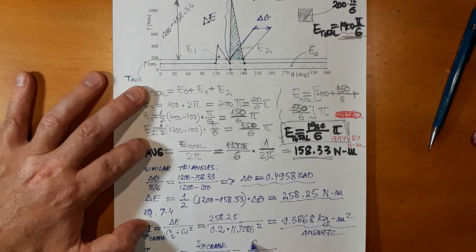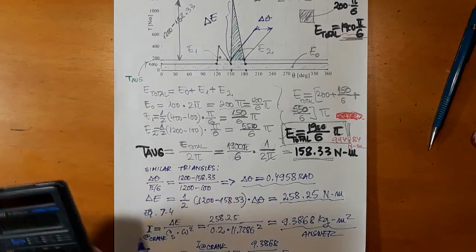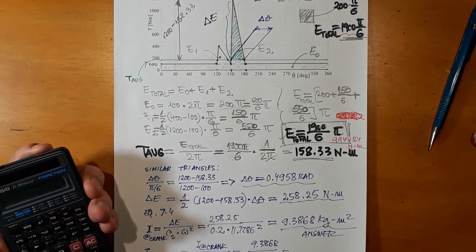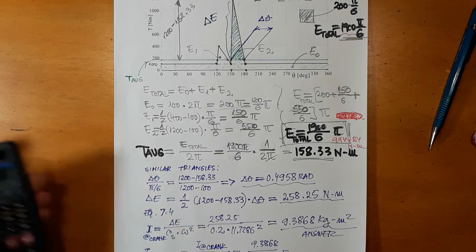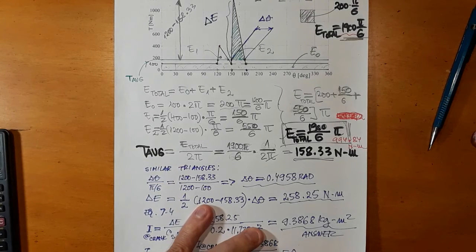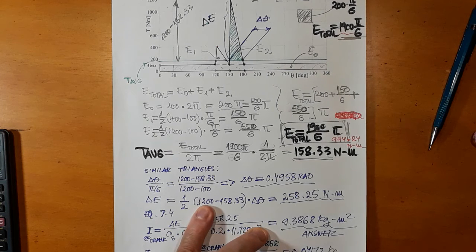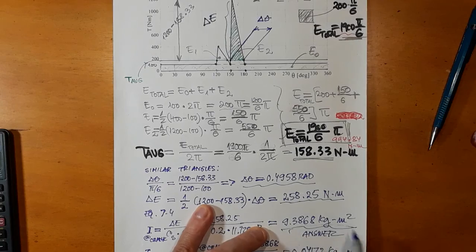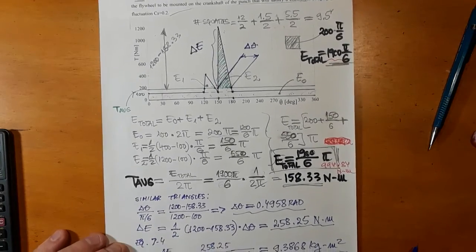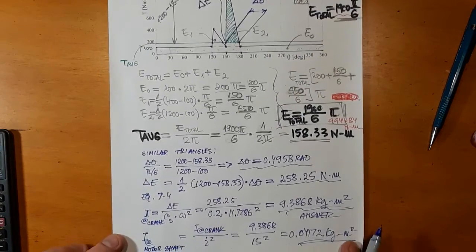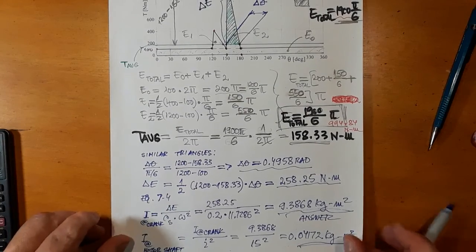So 9.3868 over 15 squared. Over 15 equals, I have 0.0417 kilogram meters squared. And this is it. The solution to this problem.